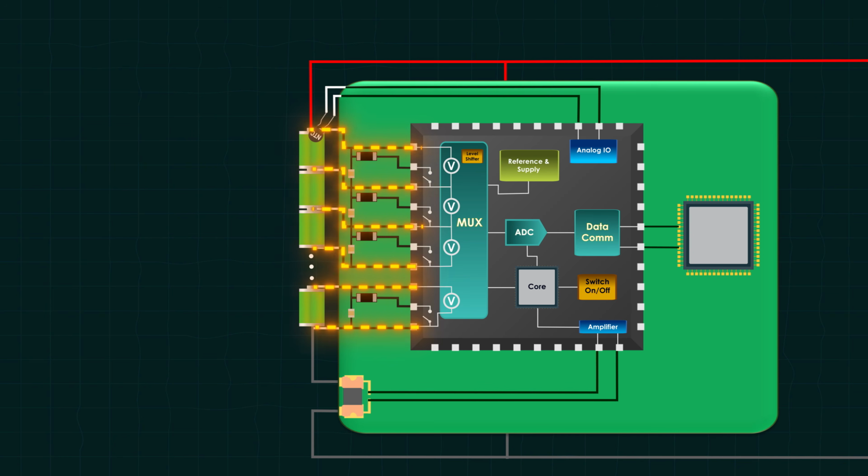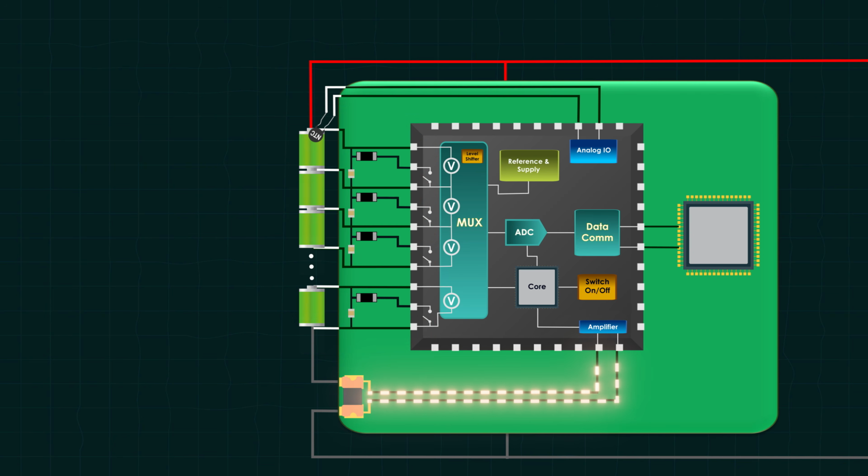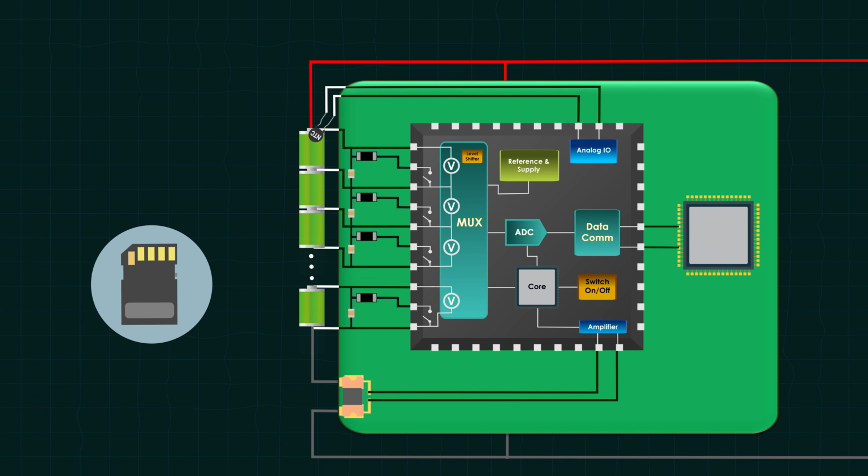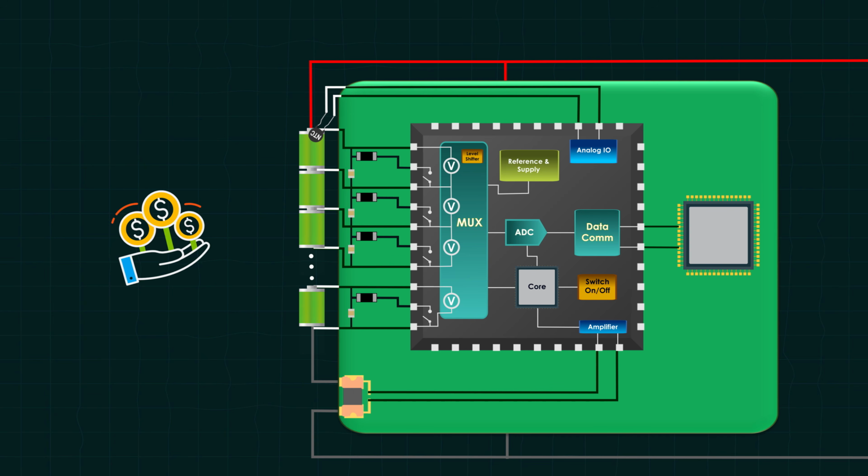It can measure all cell voltages, monitor pack current and temperature, drive cell balancing circuits, and handle over or under voltage protection, all in one go. This not just optimizes PCB space and reduces cost, but also gives a level of precision and reliability that's hard to get otherwise.